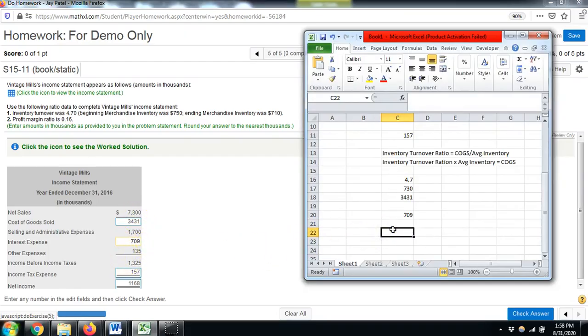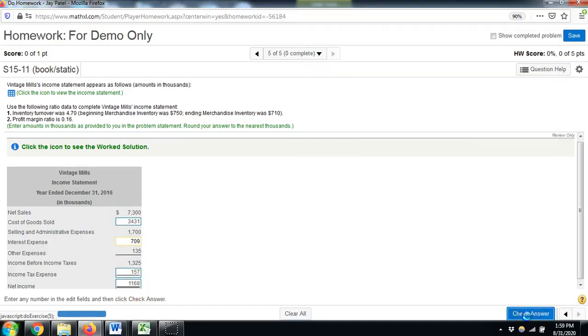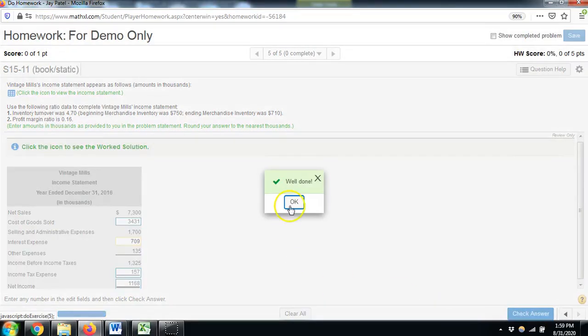So we have 7,300 minus 3,431 minus... So what I did here is I basically took the net sales and I subtracted all the expenses. And now we're going to expect that to equal 1,325. And so it does. So these numbers all seem to flow together. And so let's check our answer. And yes, it's correct.